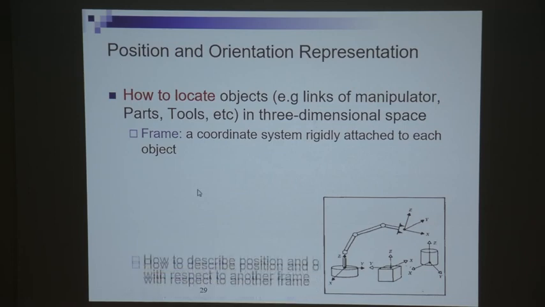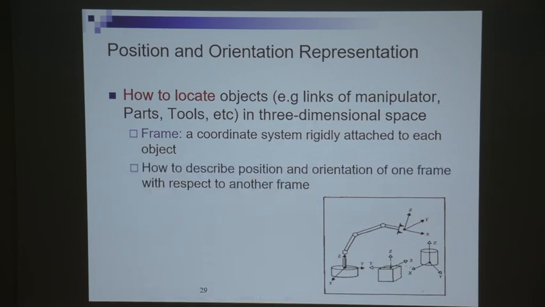You also need to describe the position and orientation of one frame with respect to another frame. So you have this coordinate system, this coordinate system, this coordinate system, and this coordinate system. The next question is how they have to be related. You have to relate the end effector coordinate system with the base of the robot manipulator. You also need to relate the coordinate system of this cube with the base frame, and the same thing for the cylinder.